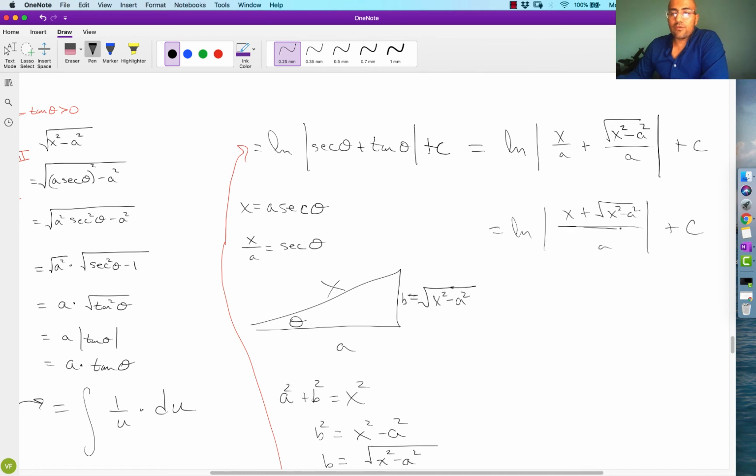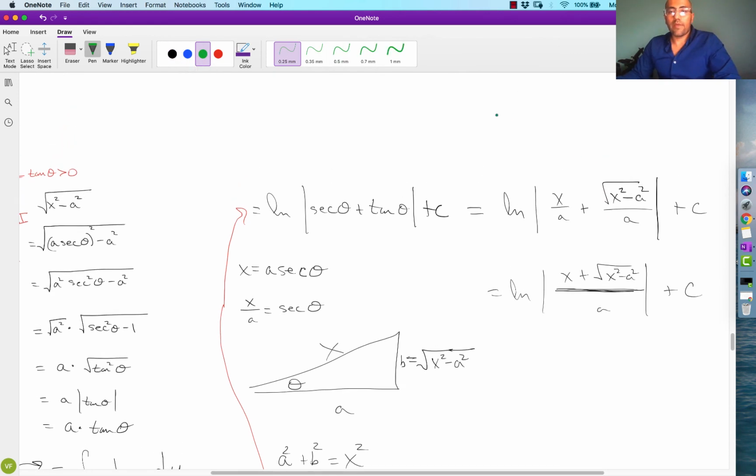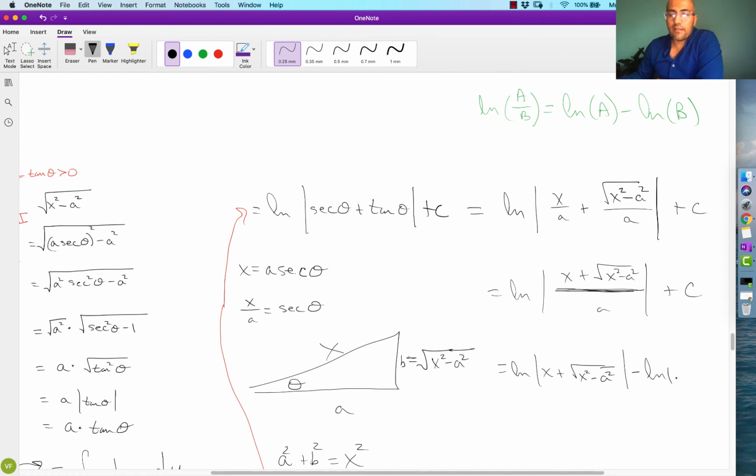And because we have a giant fraction here, remember that one of the properties of the ln is that if we have ln of a divided by b, this is equal to ln of a minus ln of b. So we can just subtract these. This becomes ln of x plus the square root of x squared minus a squared, minus ln of a, plus c. And a is some constant, right?